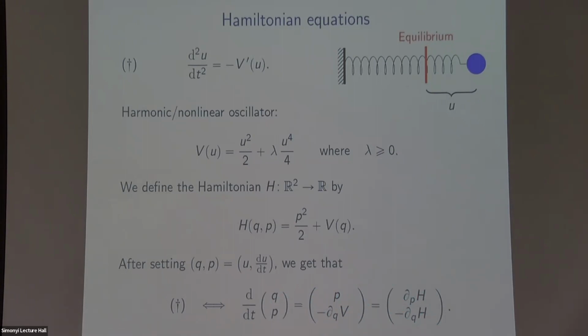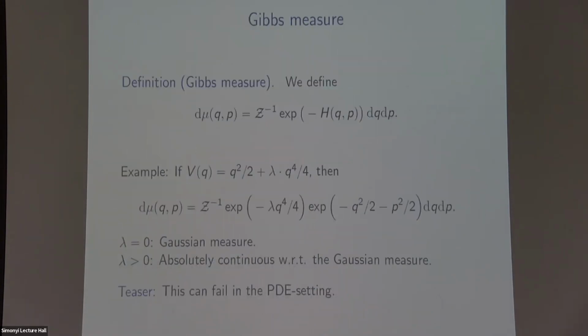So let me define this particular Gibbs measure first. I will always denote it by mu. It will for now be a measure on R2, so a measure in Q and P, and it consists of 3 separate parts. One thing is this normalization constant, which just turns this into a probability measure. This kind of normalization is very important in statistical mechanics, but for us doesn't matter so much.